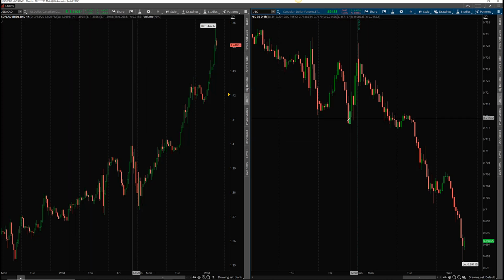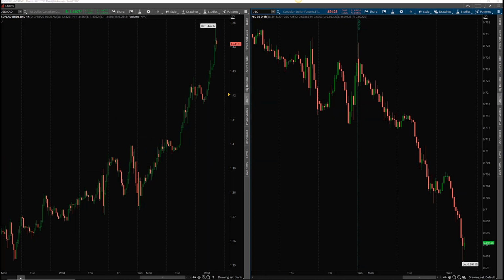So the futures contract for all currency pairs that have USD as the base, so USD quoted first, will trade inverse to the futures contract. So this is an example of the USD CAD. You can see it's obviously moving higher while its corresponding futures contract is moving lower.